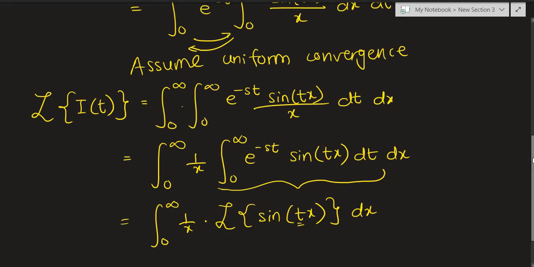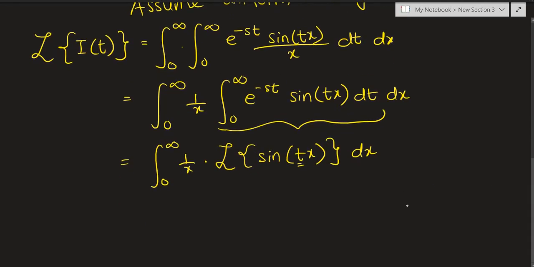And luckily we don't need to parameterize anything further. So unlike my previous video, I'm not just going to plug in the formula for the Laplace transform of sine of tx. I'm actually going to show you manually what this finally equates to. So I'm going to do that on a fresh page.